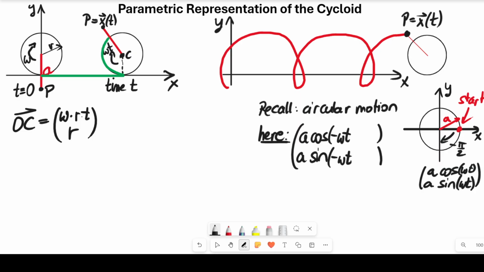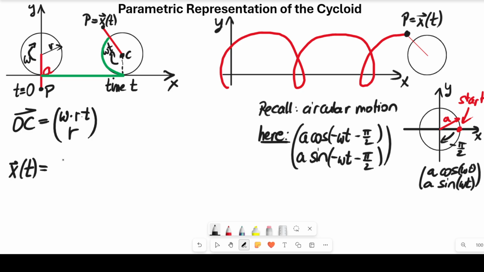And as I have already explained, we are not starting at 3 o'clock like here. We are starting, so to say, at 6 o'clock. So we need to subtract pi half. So minus 90 degrees is the new starting point. And this now can be used to describe this profile x(t).